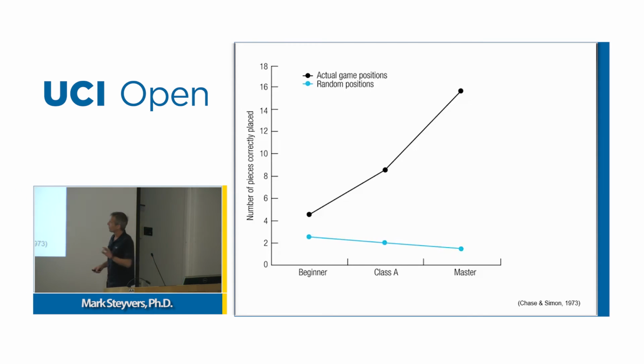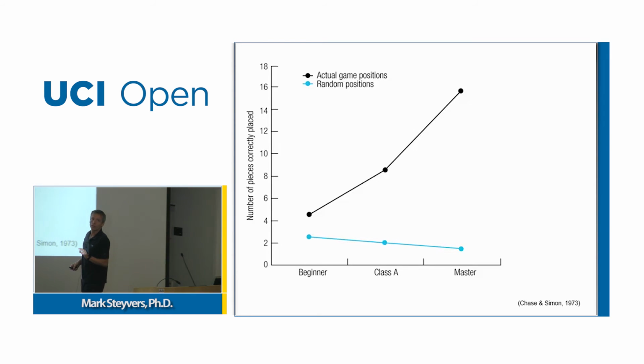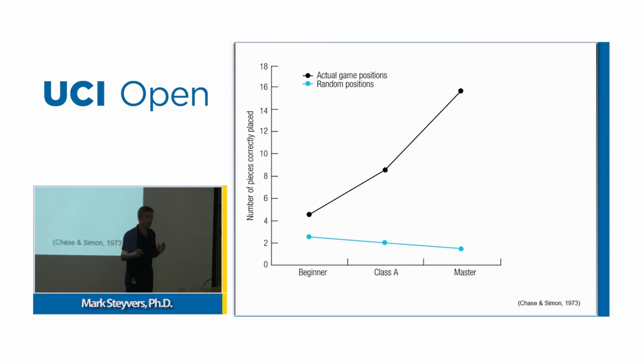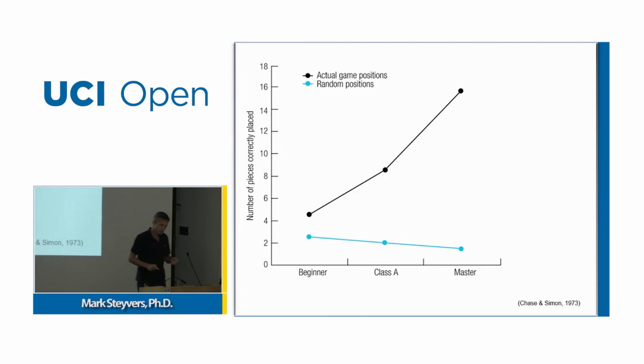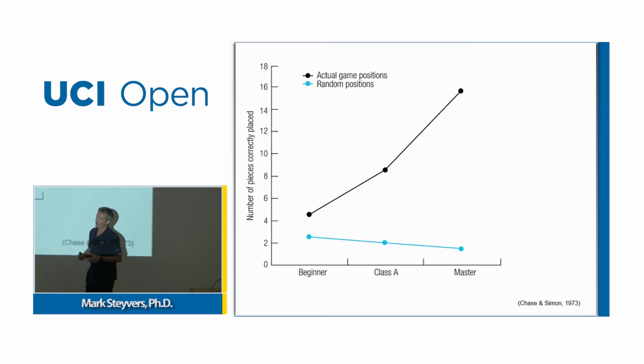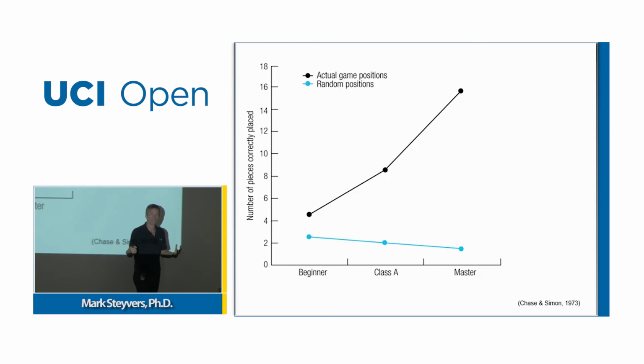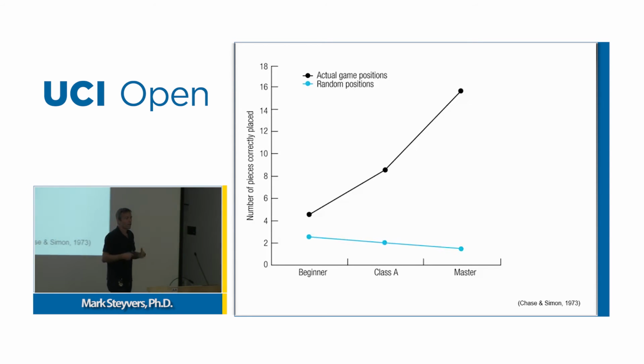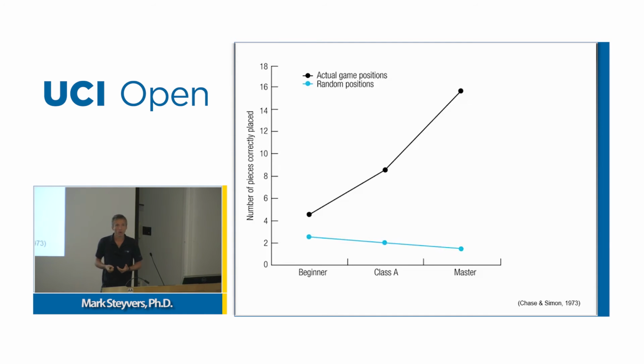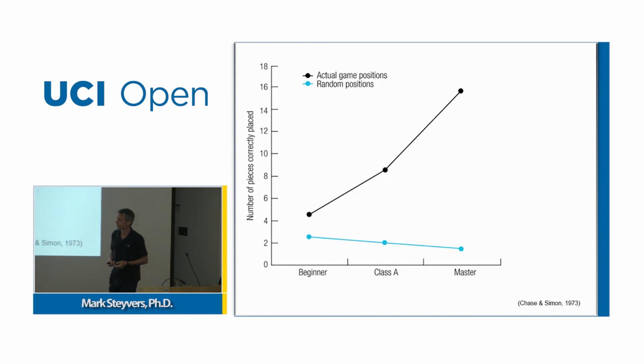If you use chess pieces that are organized in some random fashion that would never correspond to actual gameplay, there's no advantage at all of a chess master in this memory experiment. In fact, if anything, they're slightly worse than beginners.